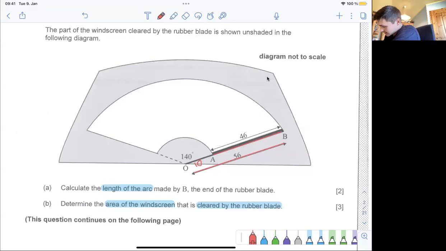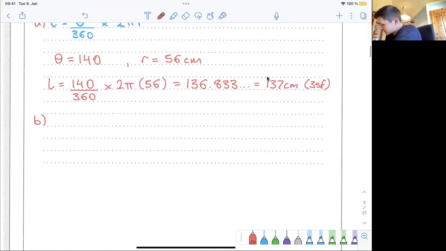That means now we can calculate the area of the small sector, and we can calculate the area of the big sector. We'll take the area of the big sector, subtract the small sector, and that will give us the area of the windscreen. So let's go and do that. The area of a sector is also in your formula booklet, which I'll write here: A is equal to theta over 360 times pi r squared. Same as before, theta has to be in degrees and r is the radius.